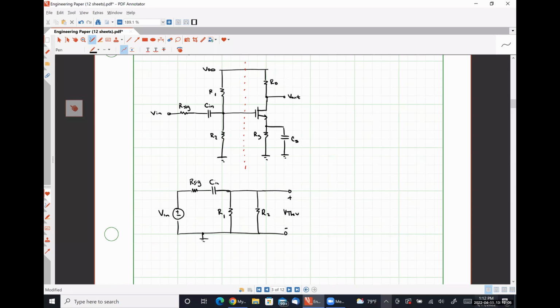So do we agree about everything to the left of the red line looking like this at the small signal level? Does VDD go away? So VDD is a small signal ground because we're looking at the small signal behavior. So that's why R1 and R2 appear as if they are in parallel, because VDD is an AC ground. Any other questions, comments, concerns?